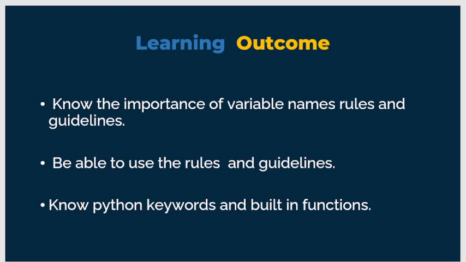So I believe that by now you are able to tell the importance of variable names, rules and guidelines. You are able to use them, and you at least know Python keywords and built-in functions. You should also keep them in remembrance time and again by going through the references that we have in this notebook.